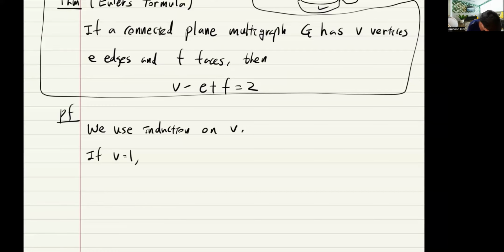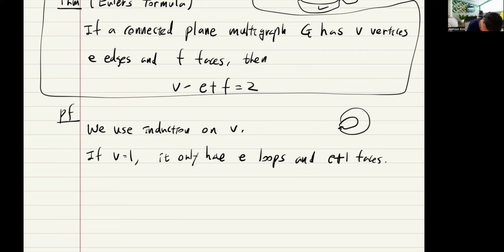If p is 1, then what? If there is only one vertex, then you only have e loops and e plus 1 faces. So if you have 3 loops, you have 4 faces.